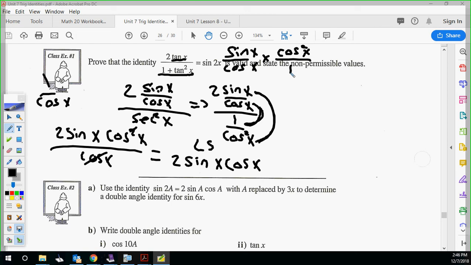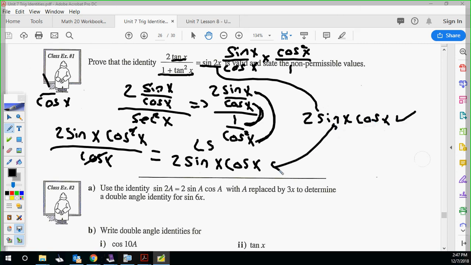We're going to stop there, and we're going to use what we've been using today for the double angle forms. Just by looking at that sheet there, we know it is 2 sine x cosine x. We made it. Sine 2x is right there on the top. Look at your sheet.